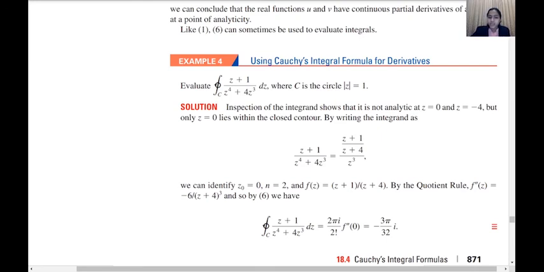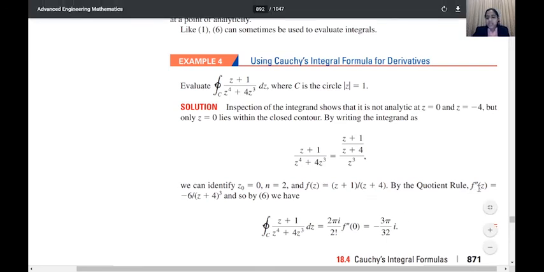Here n is 2, so we have to find the second derivative of this function. We use the quotient rule 2 times, and simplifying, we get f double dash of z is minus 6 by (z plus 4) whole cube. Just verify this, and ask me if you have any doubts regarding finding the second order derivative.